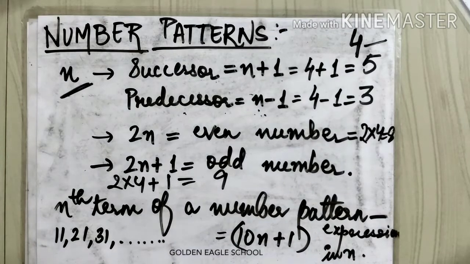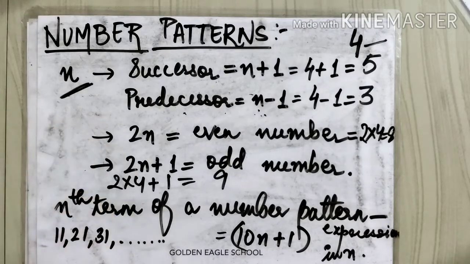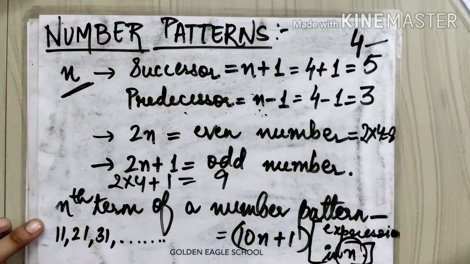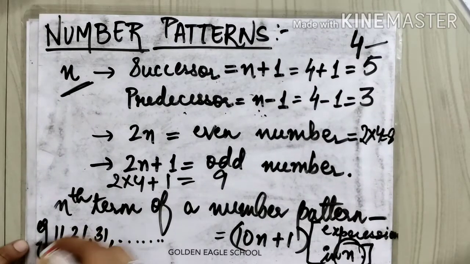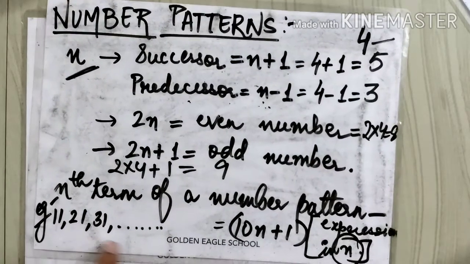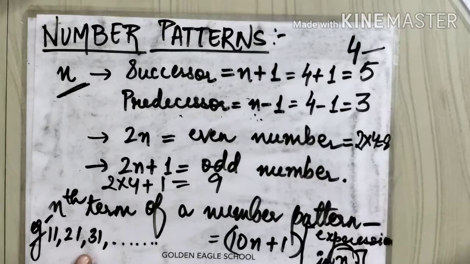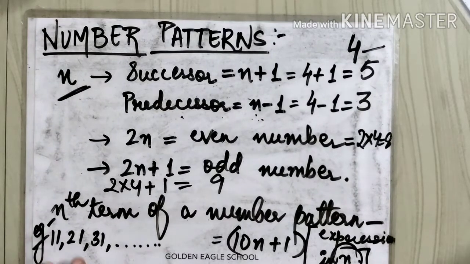If we want to find the nth term of a number pattern, it is an algebraic expression where the variable is n. For example, suppose this series is given to us: 11, 21, 31 and so on. It can go till any number. To find the nth term of this series, how are we going to do it? We can see the difference between the two numbers.